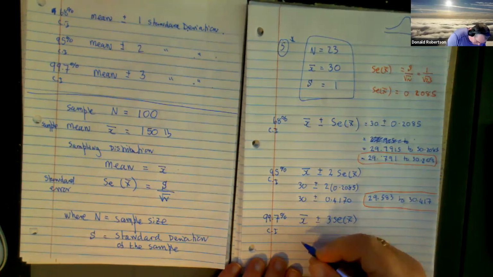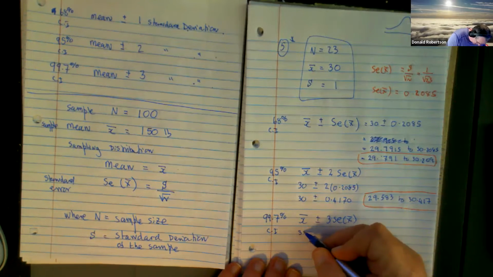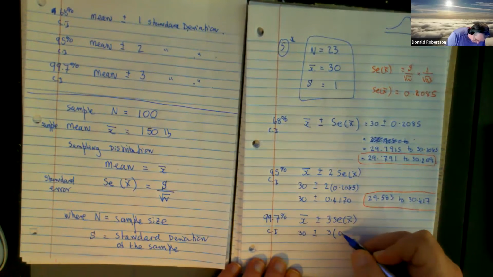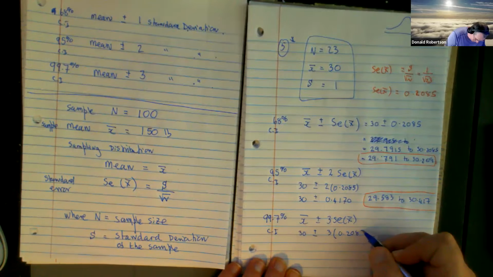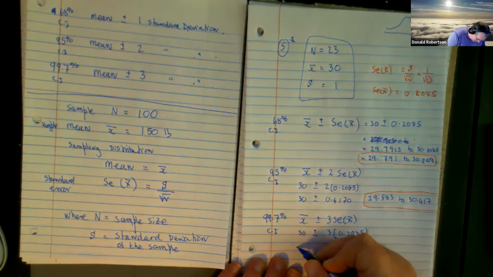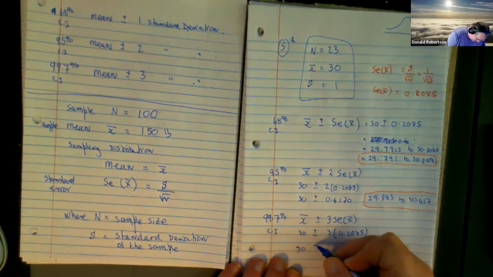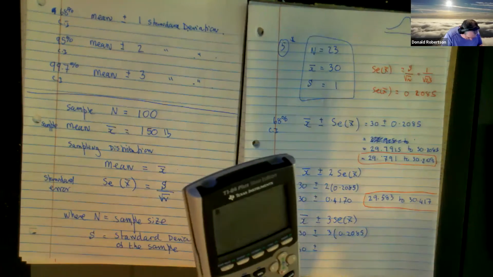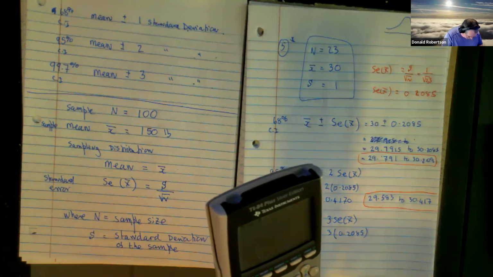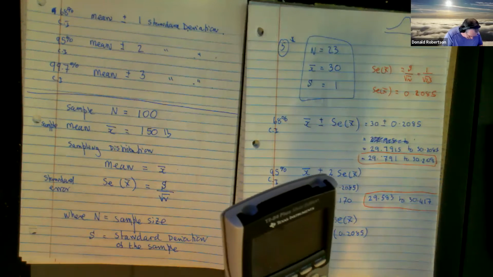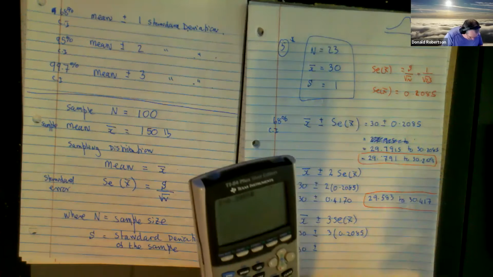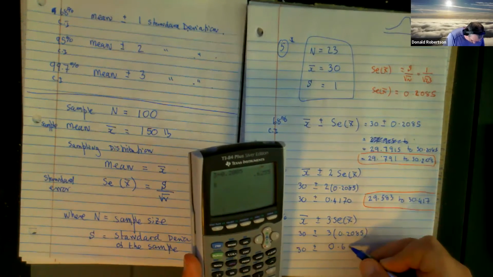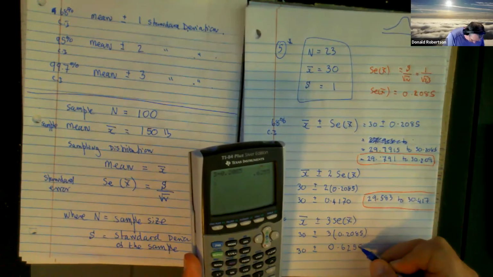So one more. This is going to be the mean, which again is 30, plus or minus 3 standard errors. So it's going to be 30 plus or minus, I'll do that on the calculator. And the answer we get here is 0.6255.